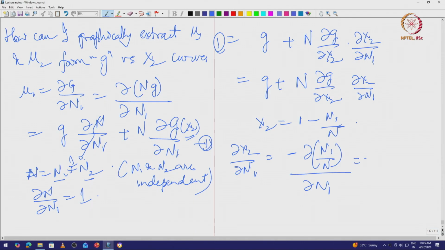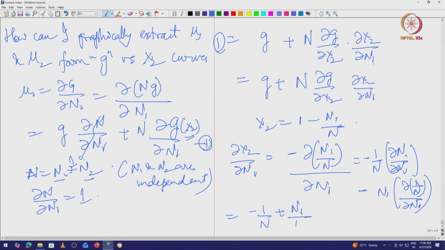If I do integration by parts, I have dou n1 by dou n1, and that is 1, minus n1 times dou of 1 by n by dou n1. So that will be minus 1 by n plus n1 by n square.